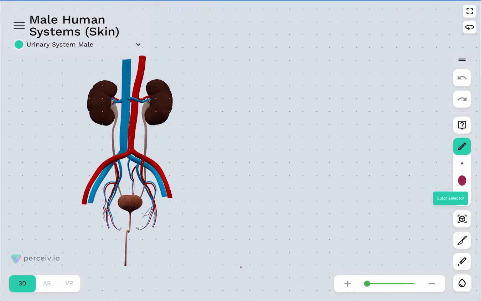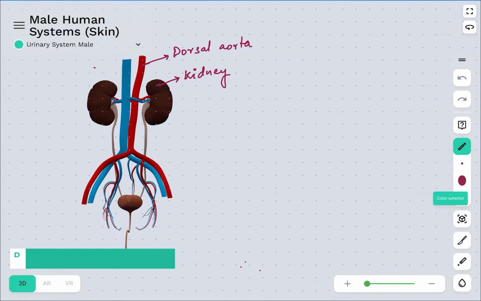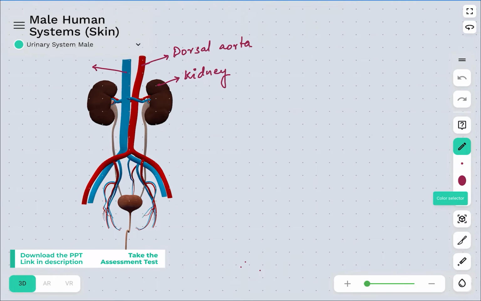So we know that this is the kidney, which is present in a pair. Then this red one is the dorsal aorta. This blue blood vessel is the inferior vena cava.